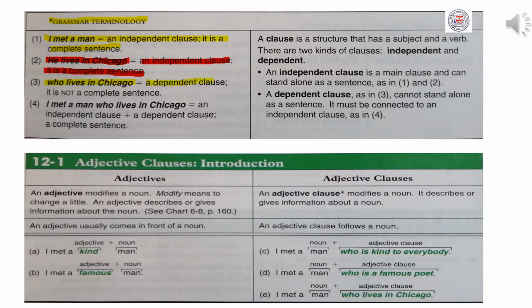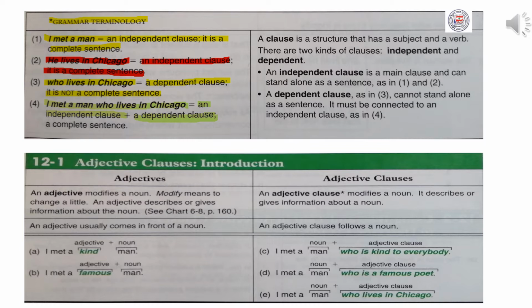This is a dependent clause because it doesn't have a complete meaning to make a complete sentence. In number 4, I met a man who lives in Chicago. This is a combination of the independent clause and the dependent clause, and together they make a complete sentence.